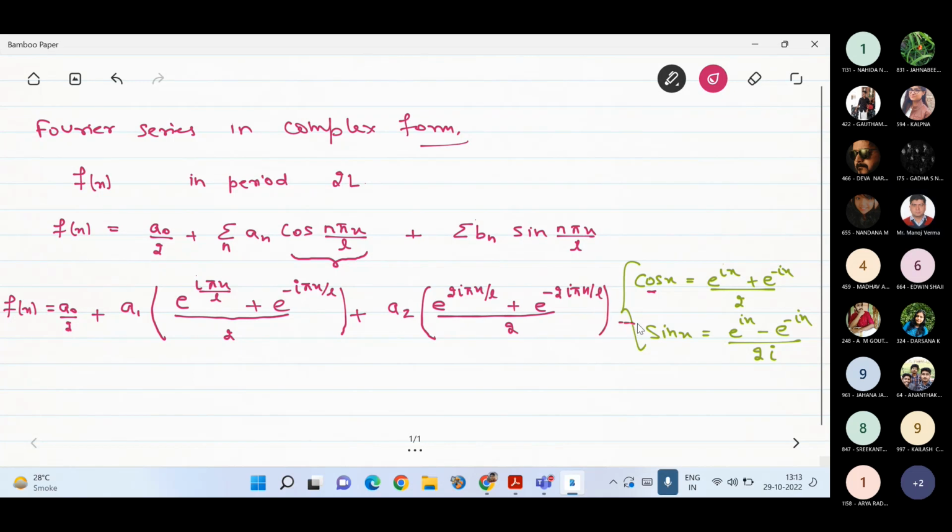And so on. There will be a3 and e raised to the power 3i pi x by L plus e raised to the power minus 3i pi x by L, with all those terms.